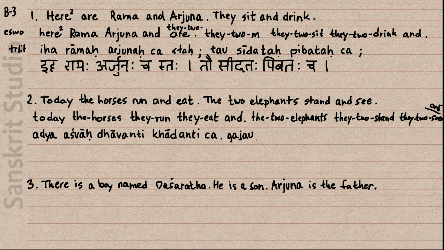And what are they doing? They are standing. So we have to use tishtati, retroflex S and ta there. Tishta. And then we have to do it dual tishtataha.